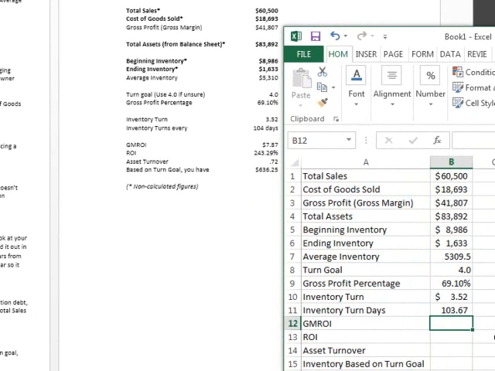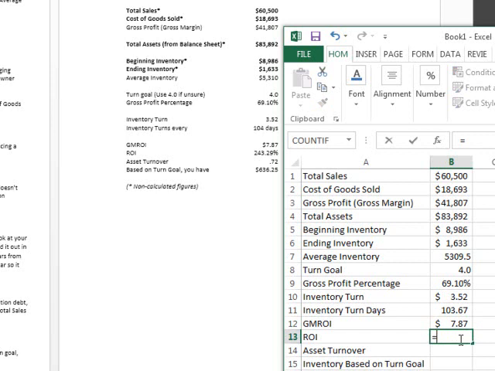Our GMROI, or GMROI, depending upon how you want to pronounce it, I've heard it both ways, equals gross profit, or gross margin, same thing, divided by average inventory. Let's unround a bit so that we have a more accurate figure, 7.87. So for every dollar, we're having a return of over $7.